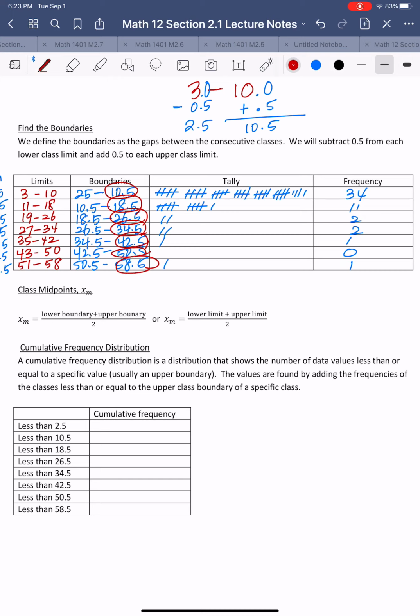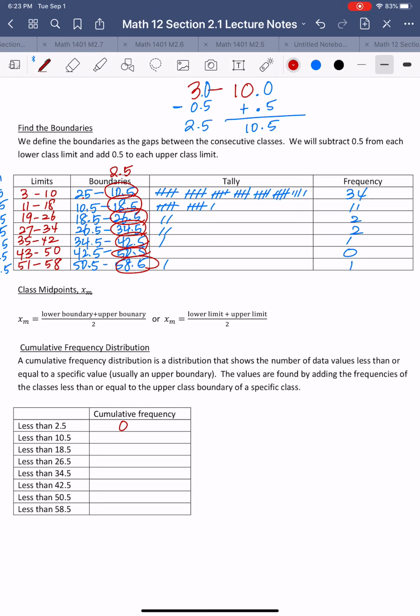And then I can put the 2.5 as the 0 class, before the first, second, third, up to the 7th. The upper class boundary is 2.5, so less than 2.5 means nothing. We always try to start with a 0 because that makes the graph start right on the x-axis.